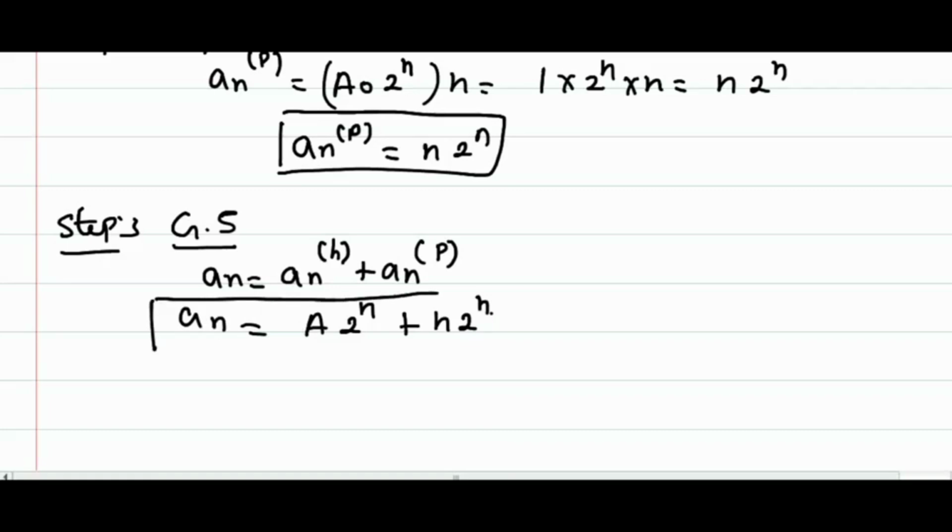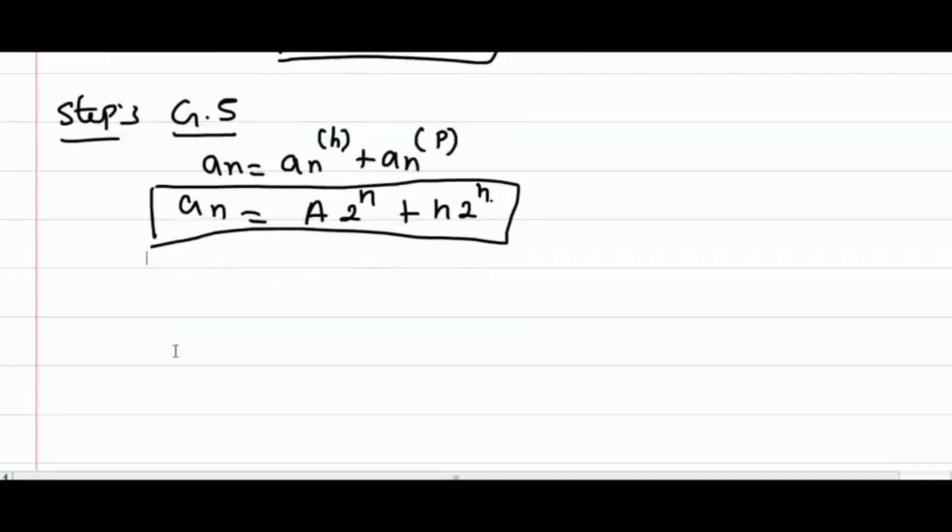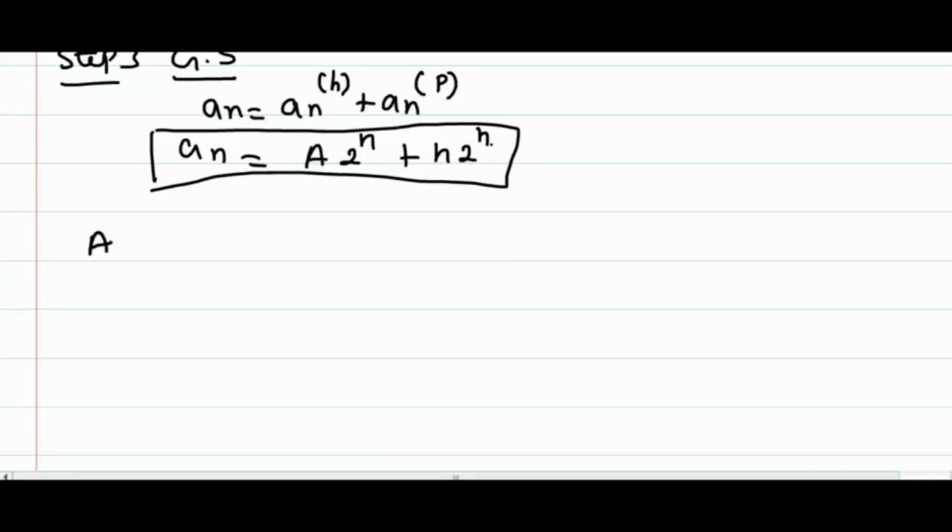Also, they have given one more condition. Finally, they have given a_0 equal to 2. Suppose they did not give any initial condition, this would be your final answer, which means this is your given equation. But now they have additionally given some initial condition, so using this initial condition we are going to find this constant value A. Substitute n equal to 0 here.